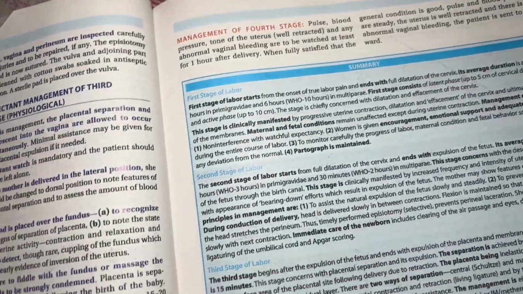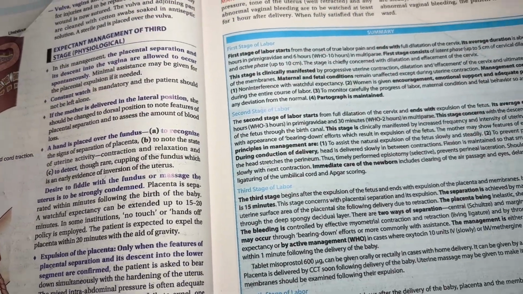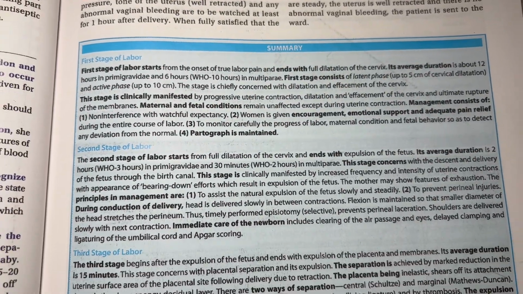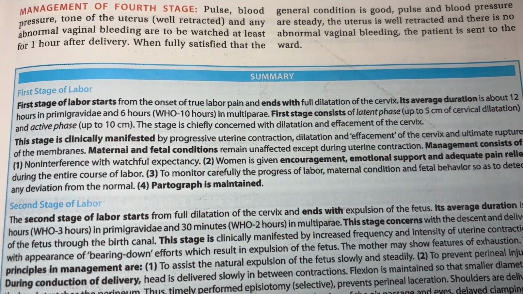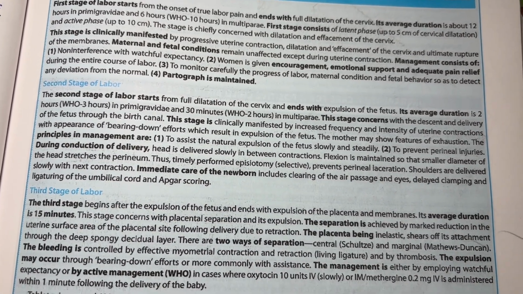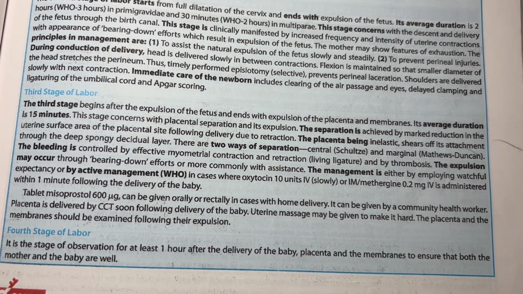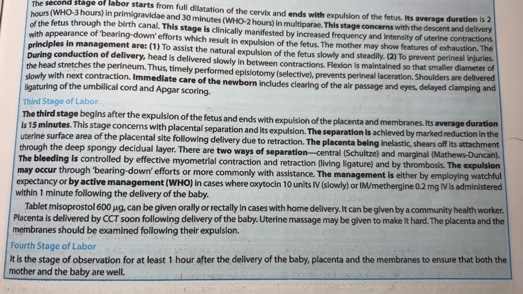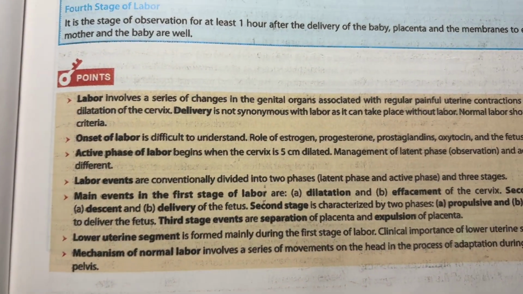So today we discussed labor. In the summary, you can see for yourself what is happening in the first stage of labor, the second stage of labor, and the third stage of labor. These are the important things.